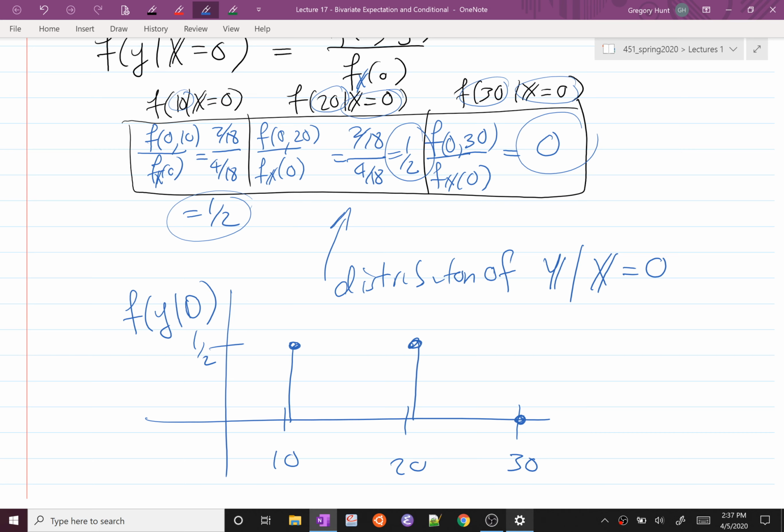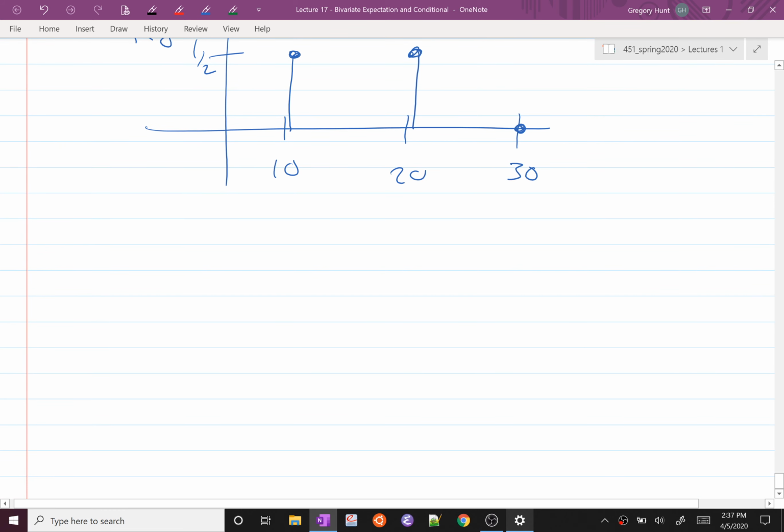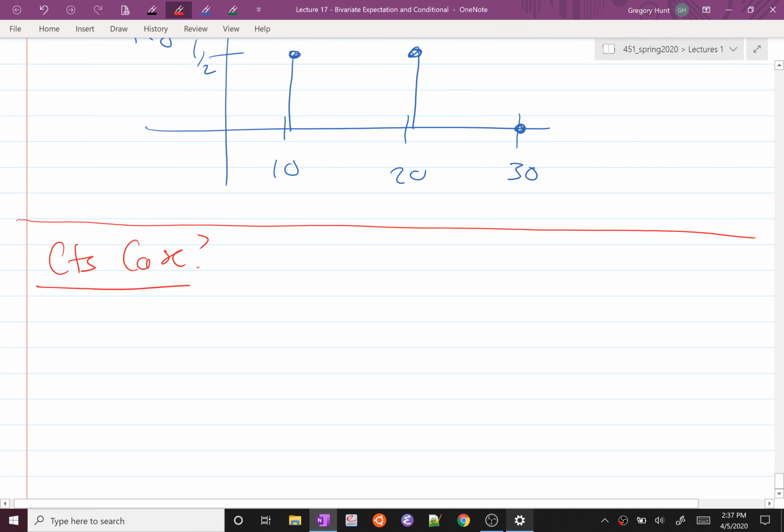The question arises, what do we do in the continuous case? Let's talk about that. In the continuous case, we'd like to say that the probability x is x given y is some little y.